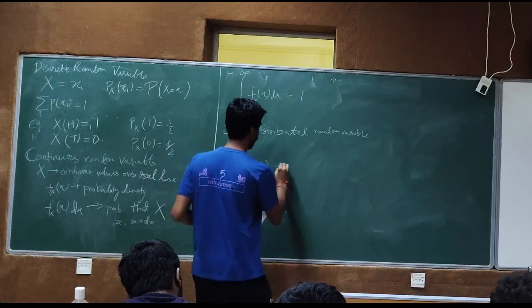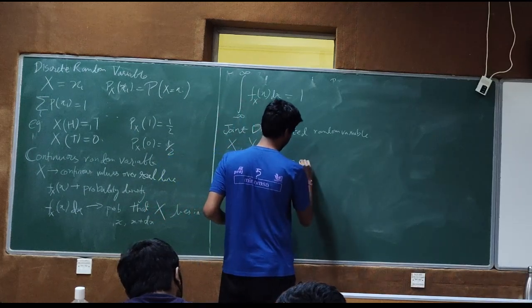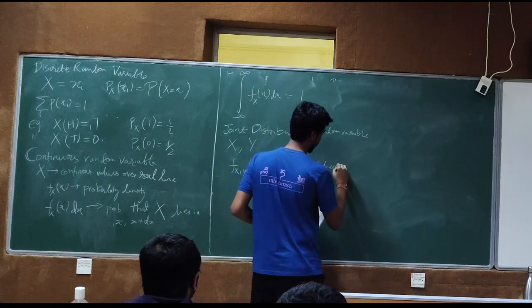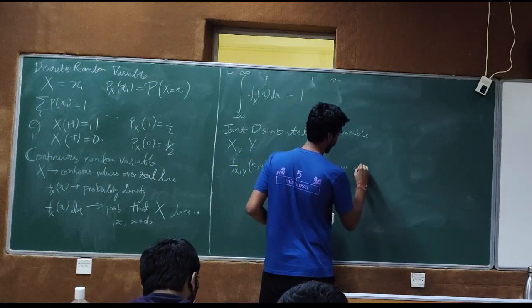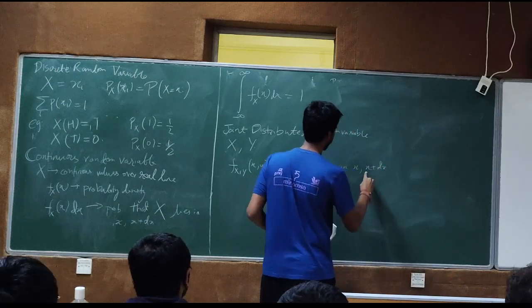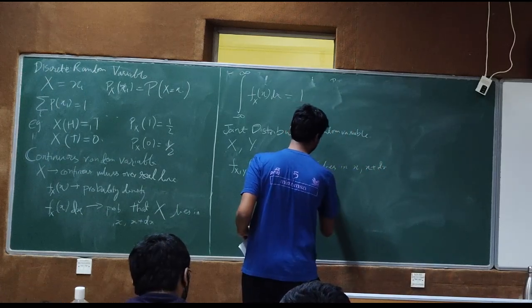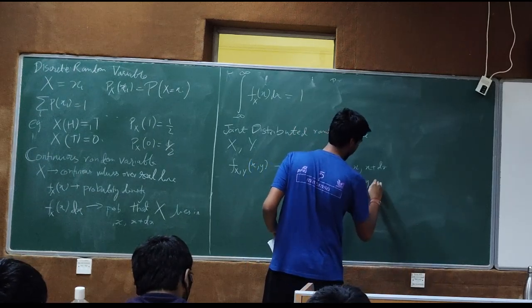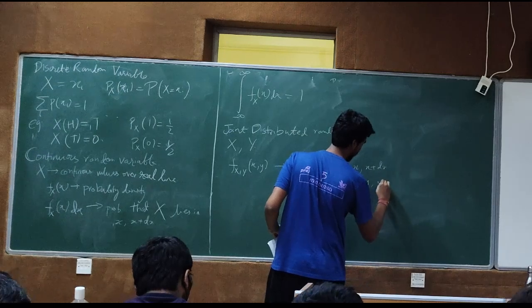This gives the probability that X lies in the range x to x plus dx, and Y lies in the range y to y plus dy.